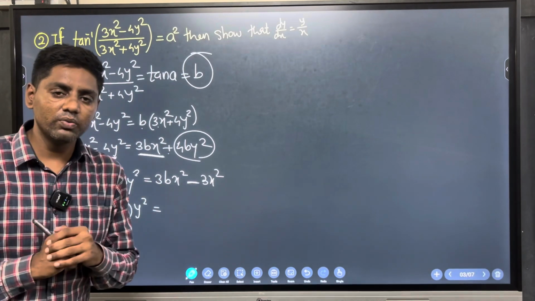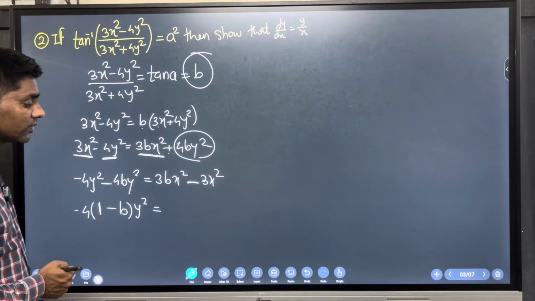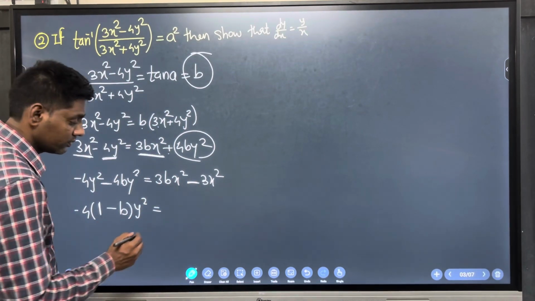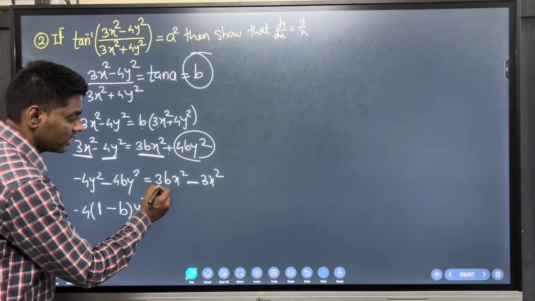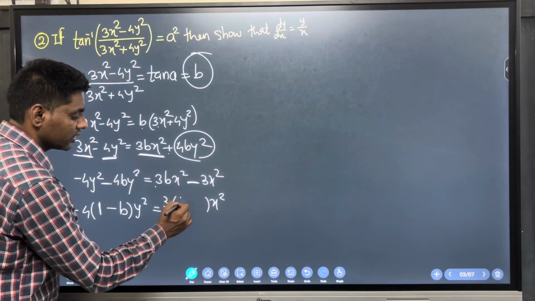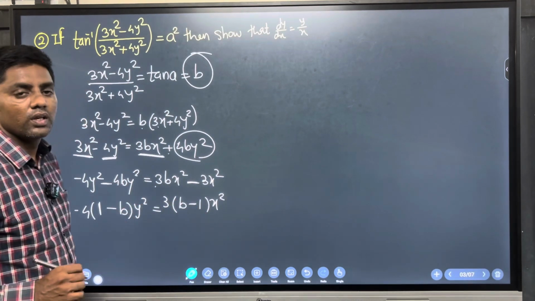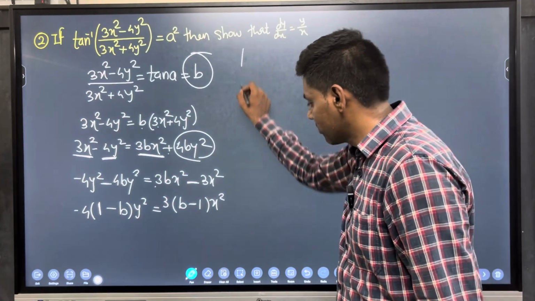Similarly, can you tell me which terms we take common from this right hand side? Anyone? Try fast, it's simple. 3 is common and x square is common, and the remaining in the bracket is b minus 1. So after that, now it's very easy. What is the value of y square from here?